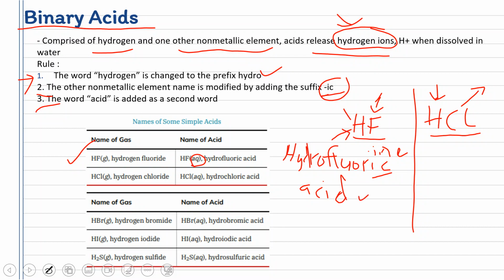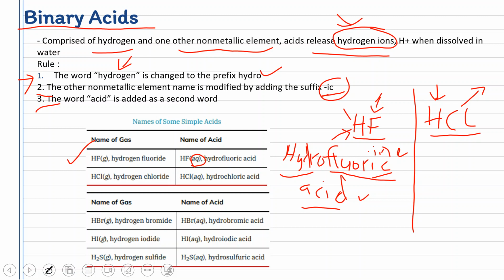And that is it. So remember, change the hydrogen to hydro. The other non-metallic element, we change the suffix and add IC. So fluorine becomes fluoric. Then now I add the word acid. And that is the name.